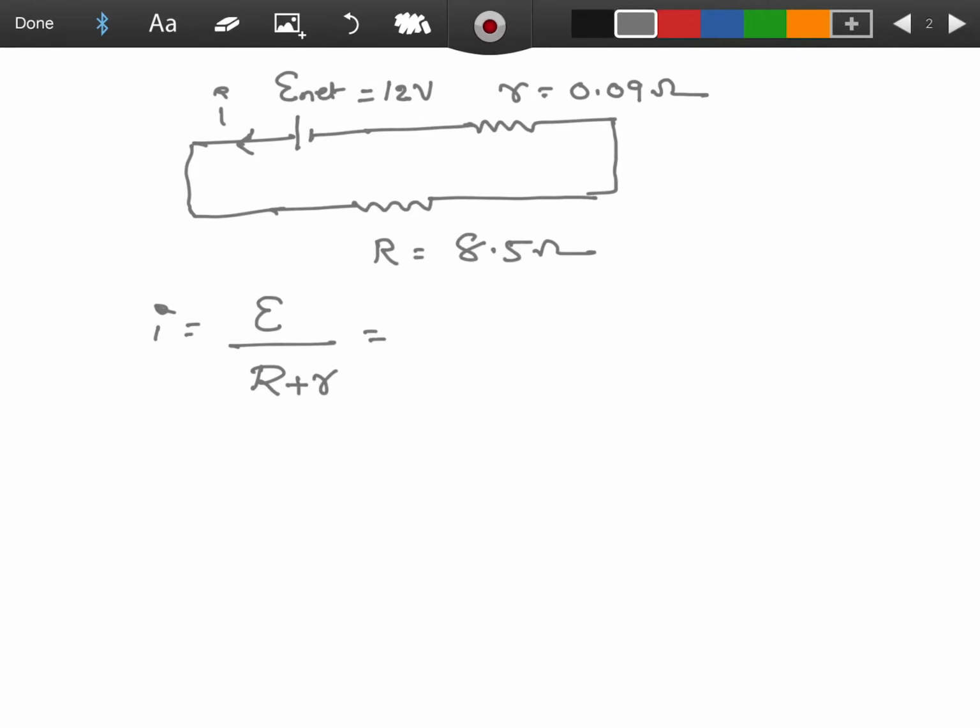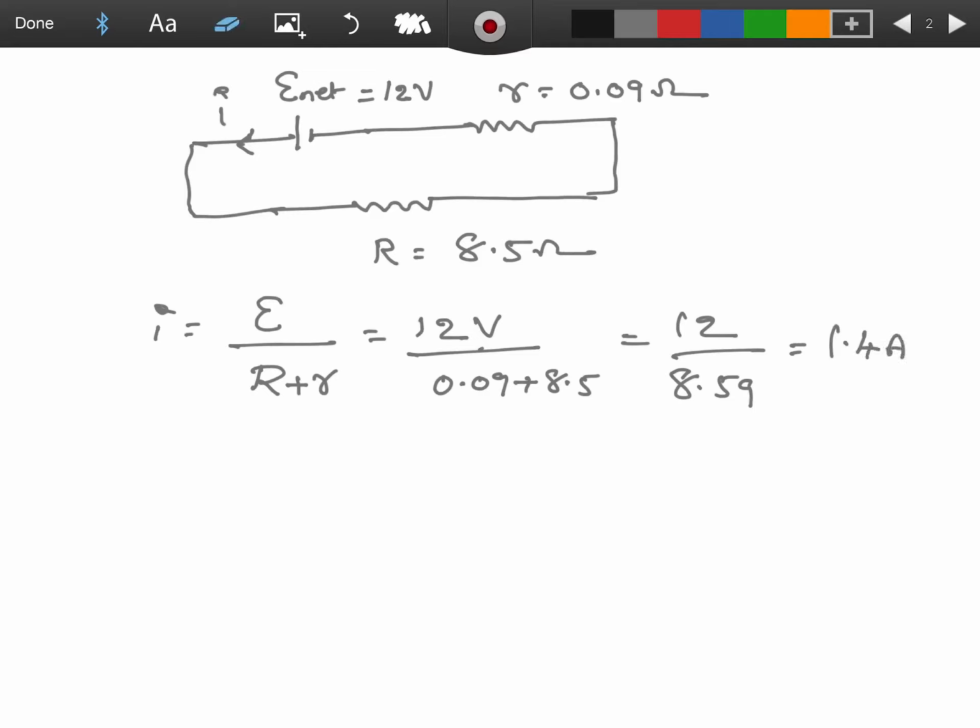E is 12 volt, capital R plus small r is 0.09 plus 8.5, which is 8.59. 12 by 8.59 is approximately 1.4 ampere.